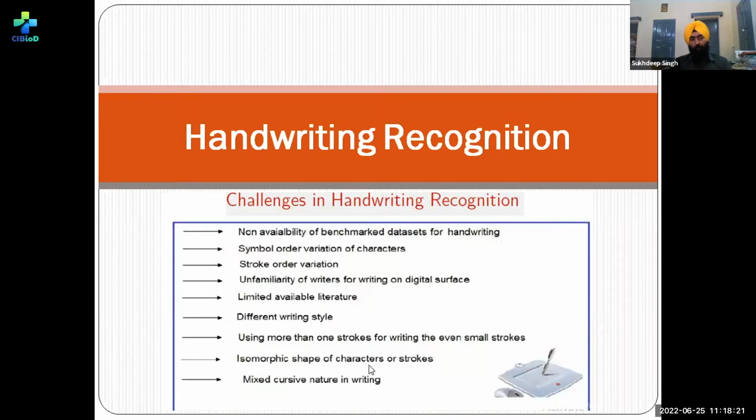When we have to develop a system for handwriting recognition in healthcare, there are certain challenges that we have to face. The first challenge is the non-availability of a benchmark dataset for handwriting. For doctors' handwriting recognition, there is very little chance that we will find any benchmark dataset.